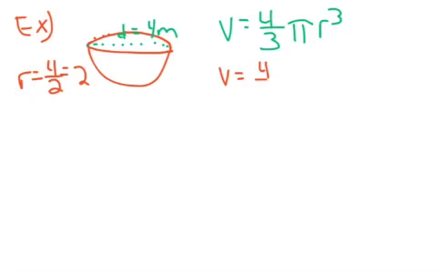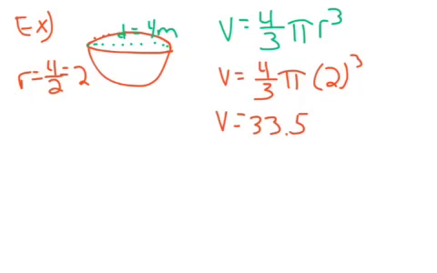If I plug it into my formula, I would get 4/3 pi times 2 to the 3rd power. In my calculator, I would get 33.5. But that's if I had a whole sphere. I only have half of a sphere, which is called a hemisphere.